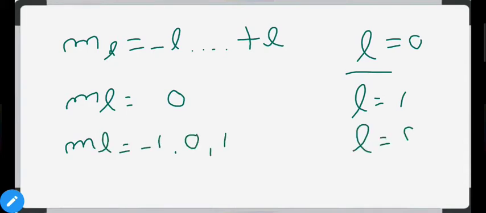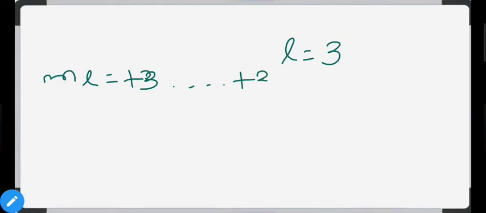If L is equal to 2, then ML will be minus 2, minus 1, 0, plus 1, plus 2. And if L is equal to 3, that means f orbitals, then the possible ML values will start from minus 3 to plus 3. So it depends on the L value.